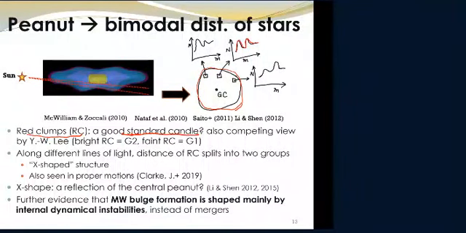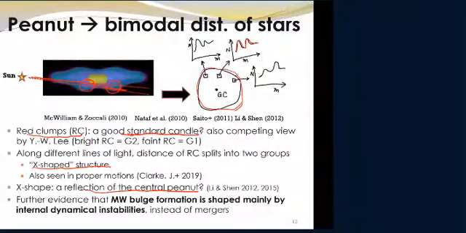And this is exactly because at the sun's location, if you look through this peanut, you will see two clumps in your line of sight. In the past, people called it an X-shaped structure, and people still do, but we think it's basically a reflection of the central peanut.